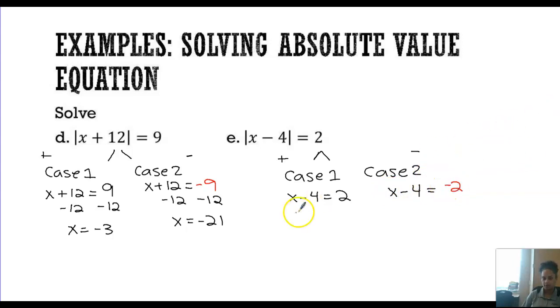Solve them both by adding 4 to both sides, because the inverse of subtracting 4 is to add 4. So I get 6. And I get 2. Plug them in. Check and see if you think they're correct.